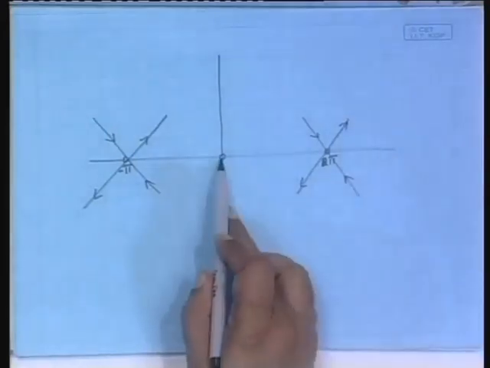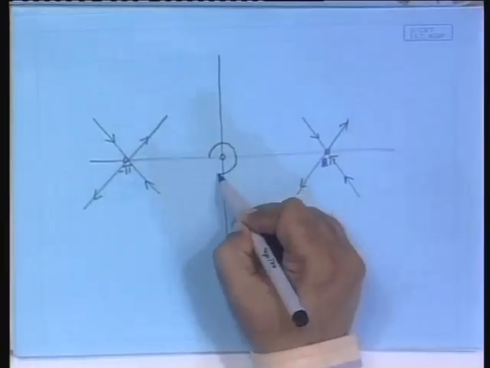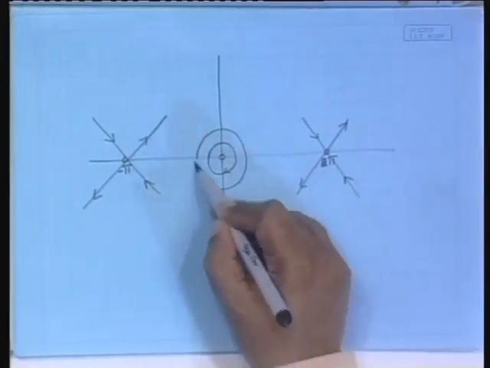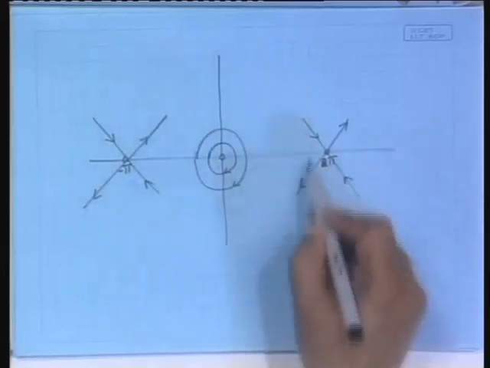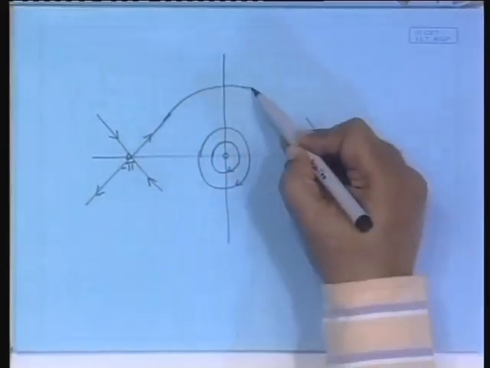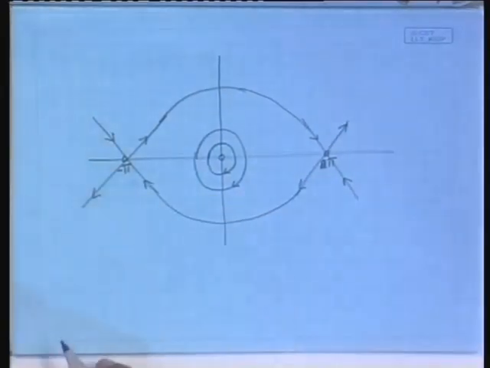And here, no, not spiral, no, not saddle, it will be circle kind of behavior, the way we just did. But now we can easily put the arrows here, because we know that it has to go like this. Okay. So, again for the pendulum, the behavior would be something like this.